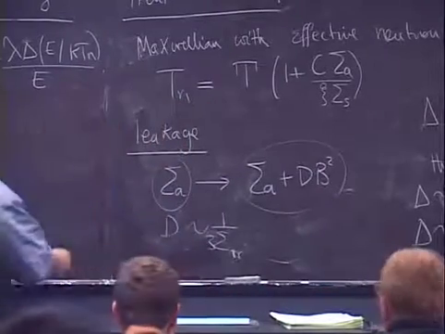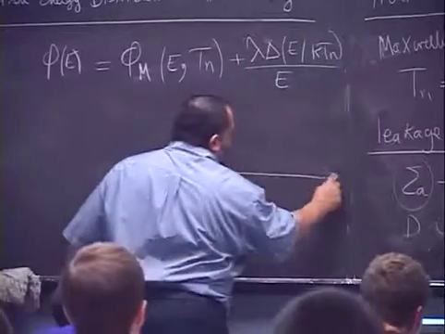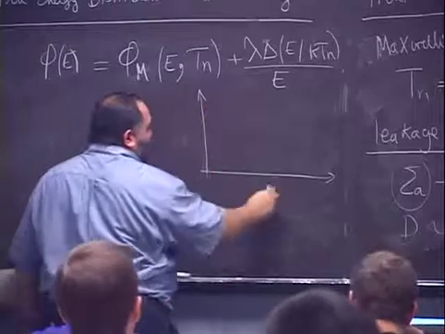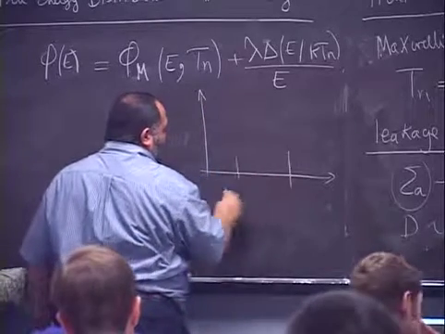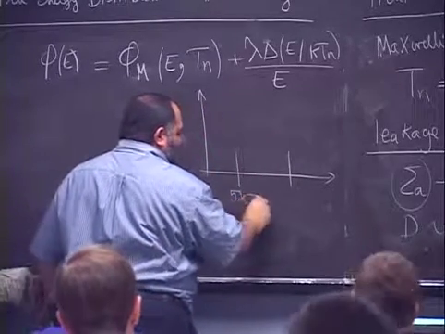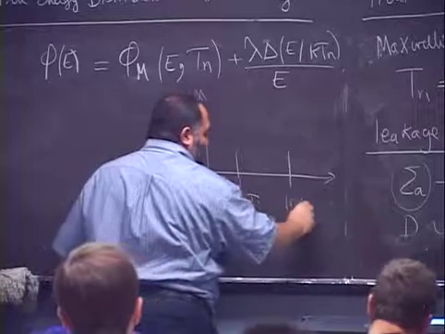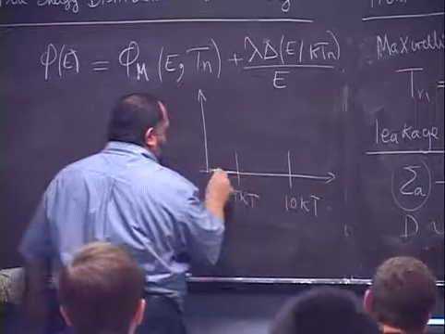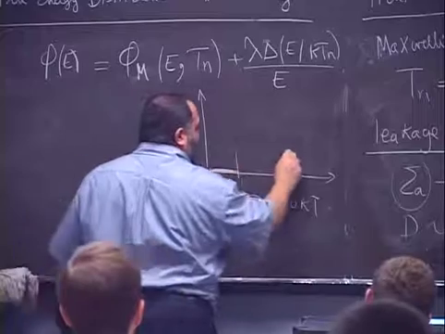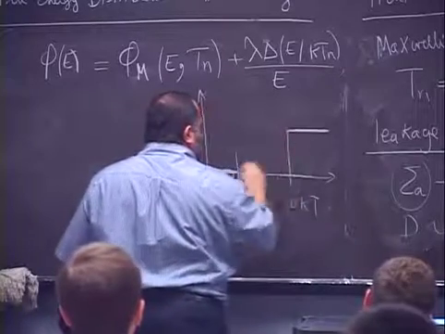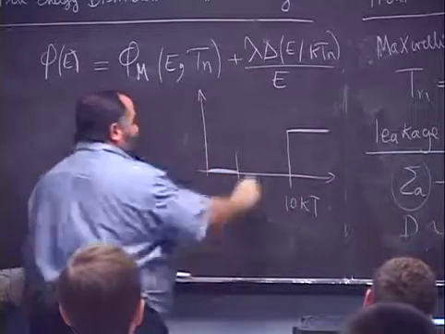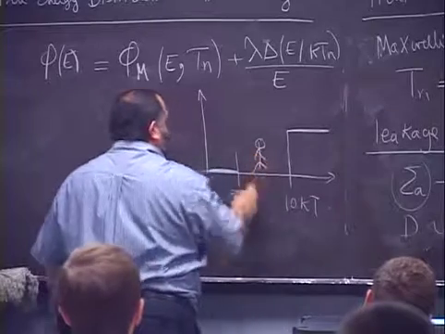So if you try to see what this functional form is, you will have 5 kT and 10 kT. Here is 0, and here is 1.